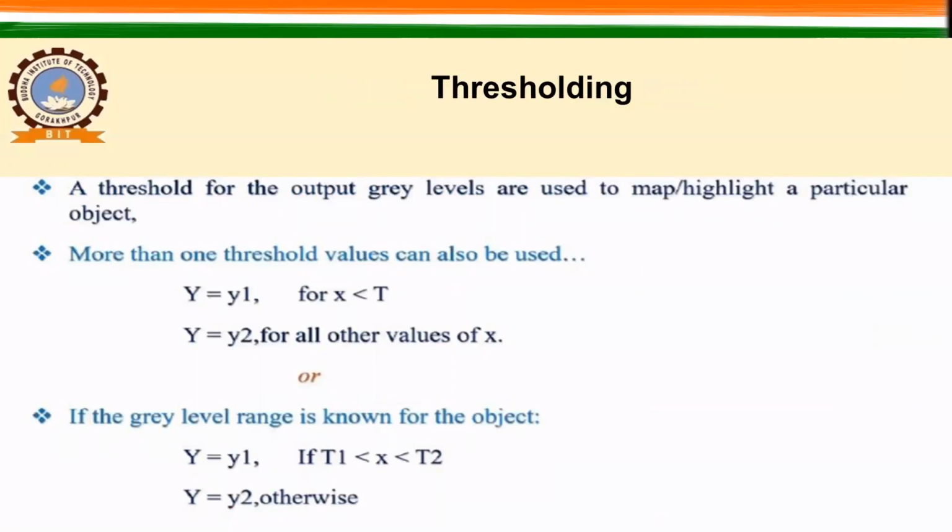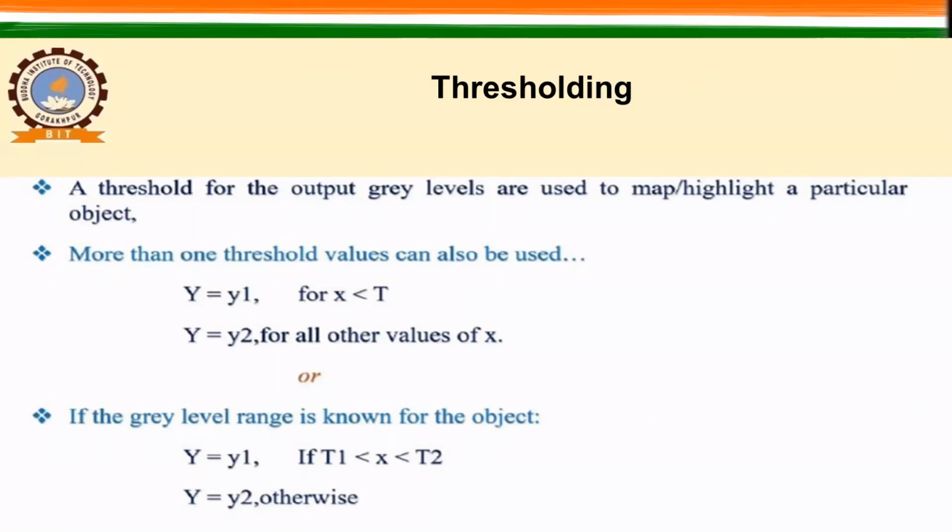What do we do in thresholding? In thresholding, we provide a threshold of the DN values, and we make different classes. Here a threshold for the output gray levels is used to map or highlight a particular object.